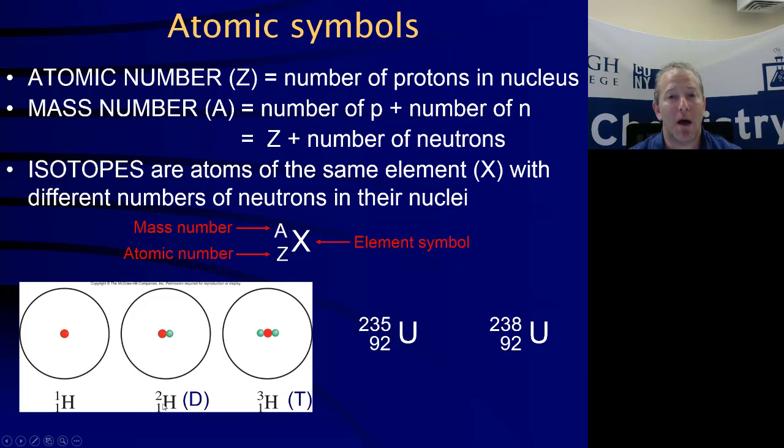Deuterium, so common in chemistry discussions that they gave it its own fake element symbol, D. That's not a real element on the periodic table, but they've given a capital D as the symbol for deuterium. That is hydrogen 2, mass number of 2, because it has 1 proton, atomic number of 1, and it has 1 neutron.